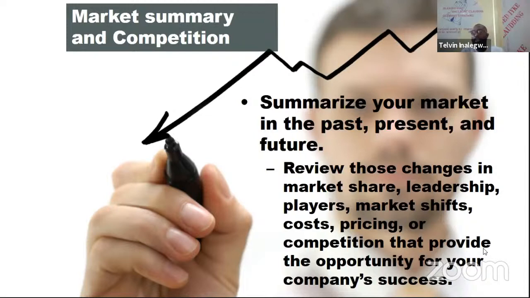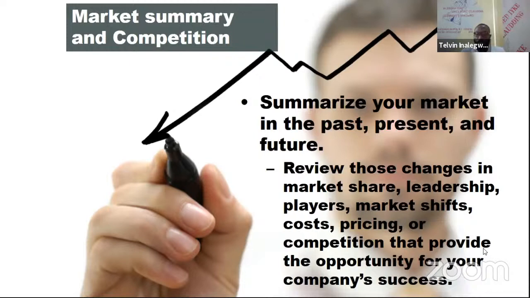Others have been giving at 5 naira. Are you ready to give at 3.5 naira or 4 naira, less than what others are giving? Or the competition that provide the opportunity for your company's success? What competitions provide opportunity for your company's success? This will be market summary and your competition.